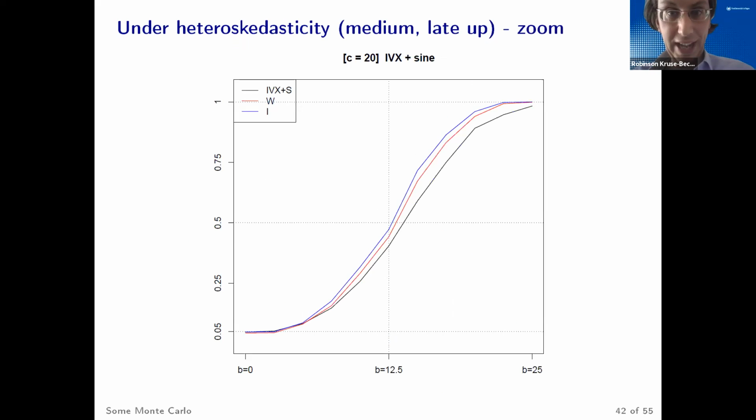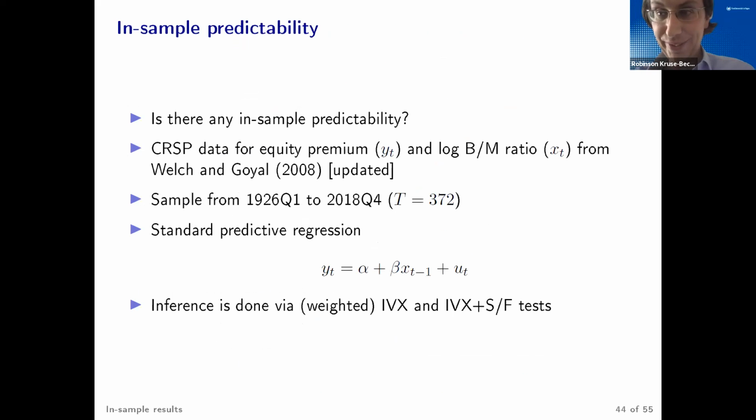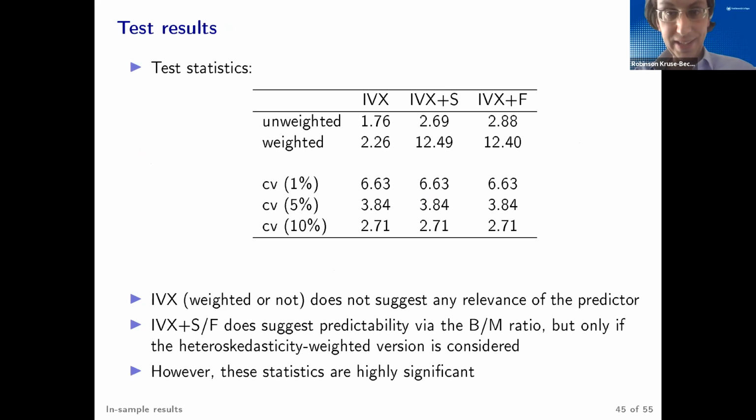Okay, that's the story. So the job is done. We can go to the empirics and see what happens here. Same data, same tests. So the interesting thing here is the following. If you apply the standard IVX, you get test statistics of 1.7 and 2.2. You compare it to the critical values and do not find any evidence for predictability.